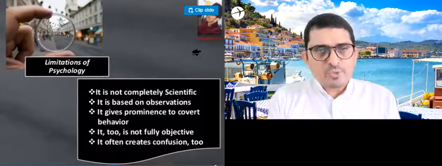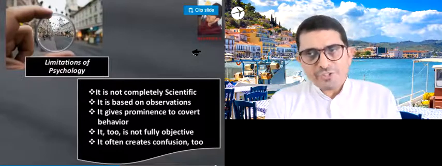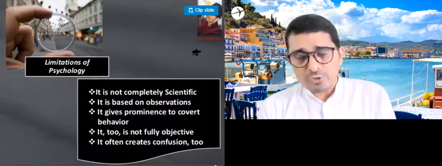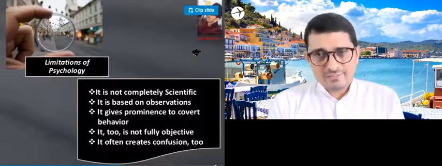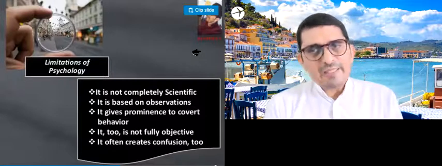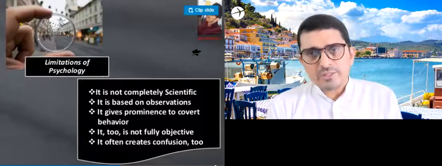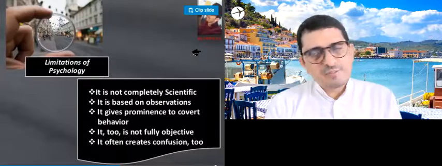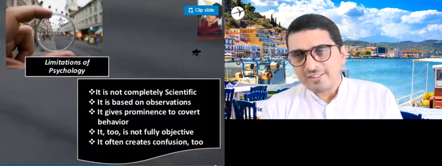It gives prominence to covert behavior. That means external behavior. You're telling whether a person is intelligent or not by looking at his external capacity. You're telling whether a person is glad or sad, looking at his external behavior.